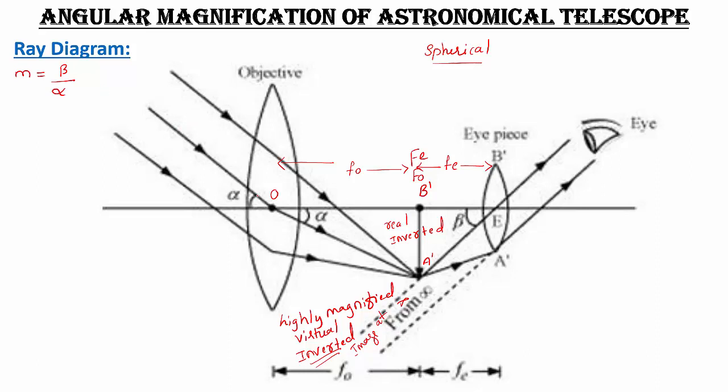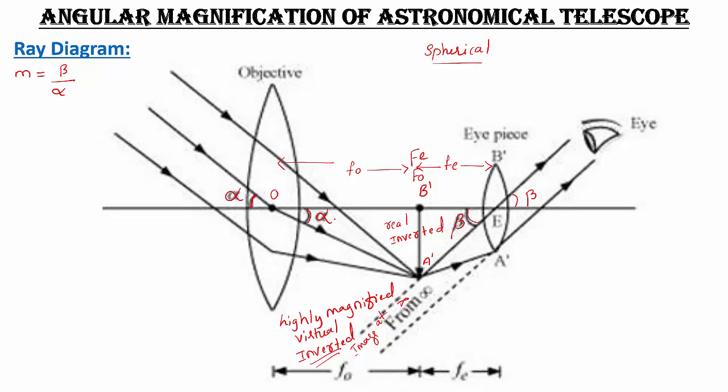Similarly, beta is the visual angle subtended by the image. Here the image is formed at infinity, and this is the angle subtended by the image, let us take it as beta.